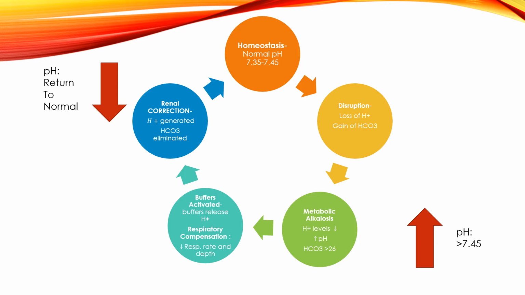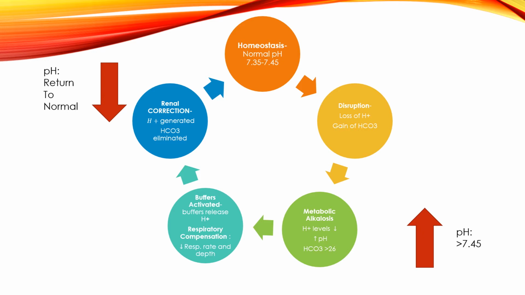Now, we have those buffering systems that are going to be activated, and when we have metabolic alkalosis, those components are going to release hydrogen, and that's to try to compensate for that loss of hydrogen ions. The respiratory system will actually become depressed, and the respirations, depth and rate are going to decrease because our body is trying to hold on to that CO2 so it can make that carbonic acid.